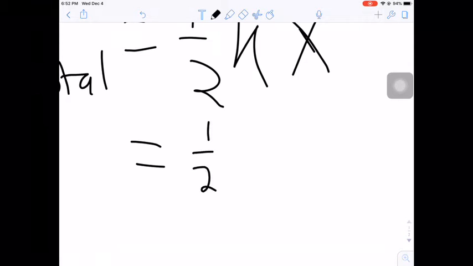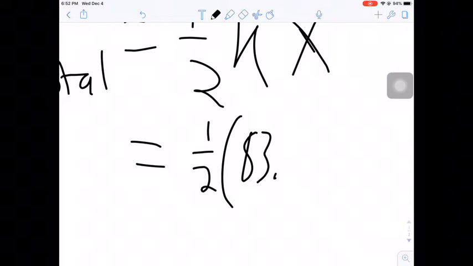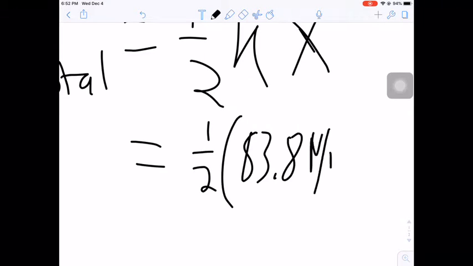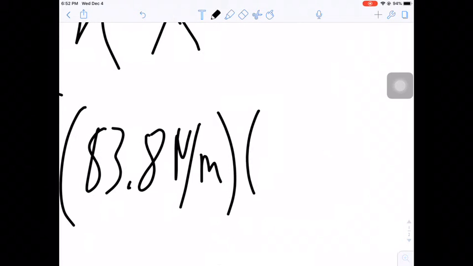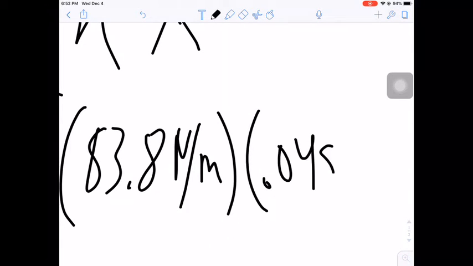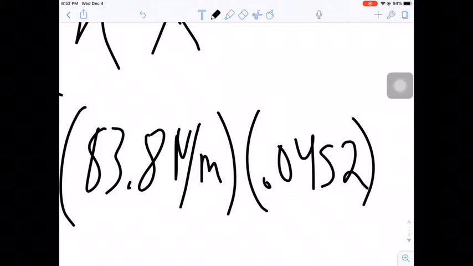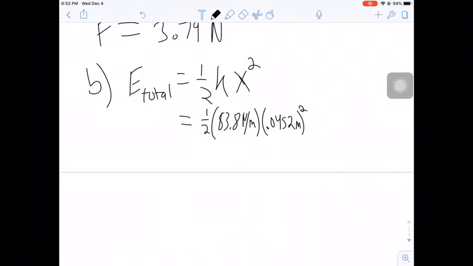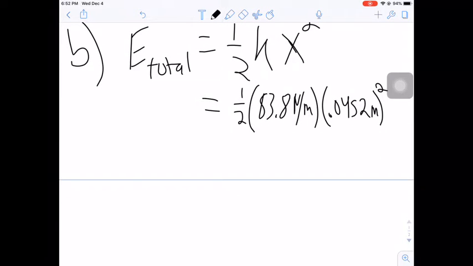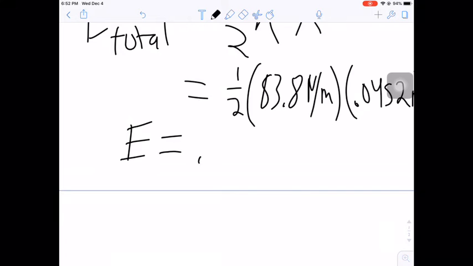K gave us 83.8 newtons per meter, and the displacement in meters squared. So the total energy came out to be 0.086 joules.